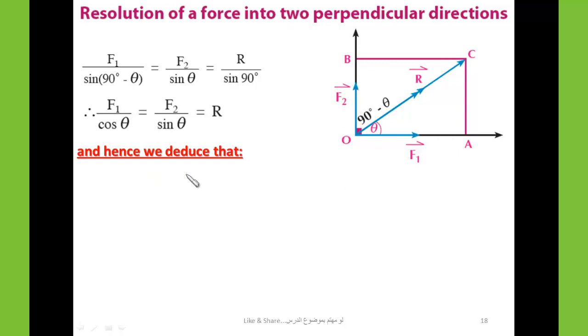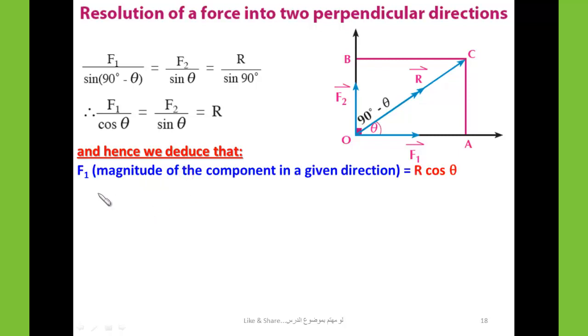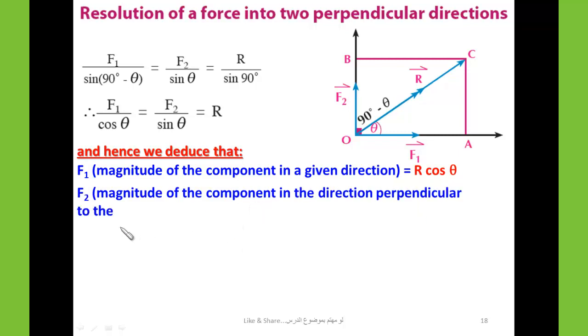And hence we deduce that F1, the magnitude of the component in a given direction with an angle of measure theta, equals R cosine theta, and F2, the magnitude of the component in the direction perpendicular to the given direction, the direction of OB, equals R sine theta.